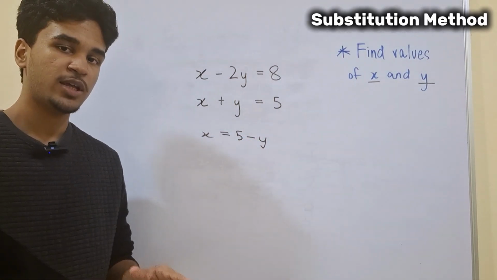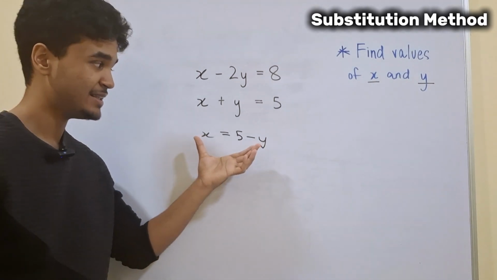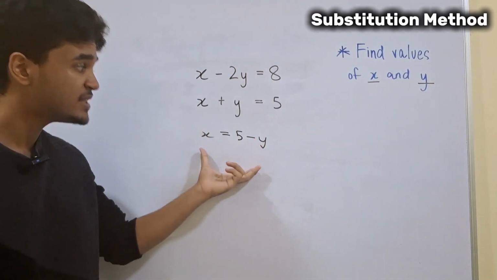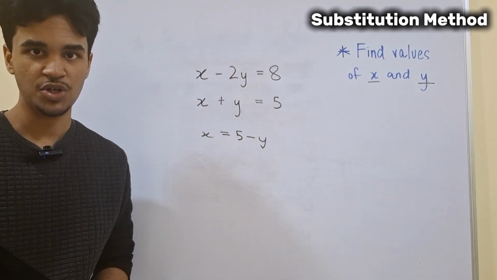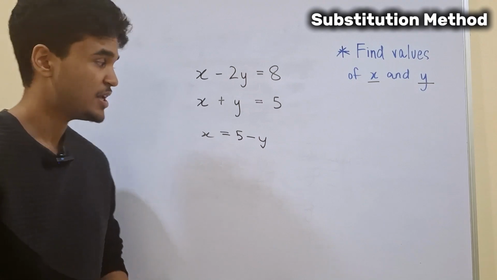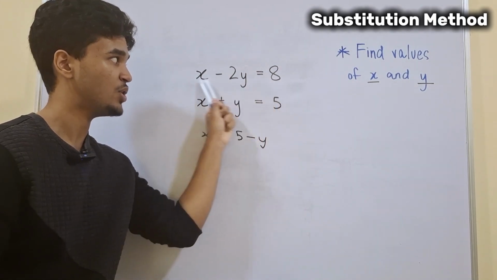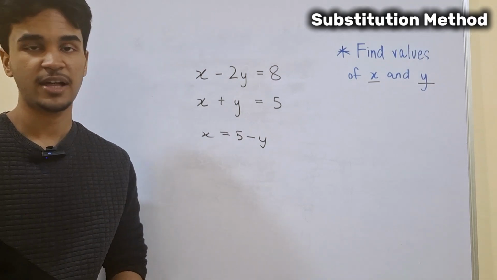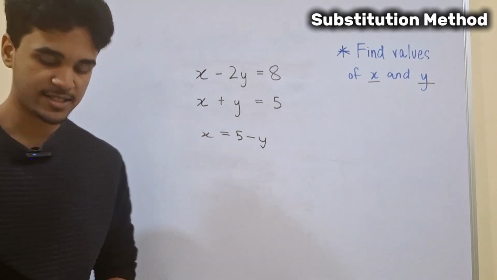Now after you make one variable in one of the equations the subject, you can take that equation and then substitute the value of x into the other equation you have. So if x equals 5 minus y, you can take 5 minus y and substitute it into this equation so that you can find the value of y and hence find the value of x.